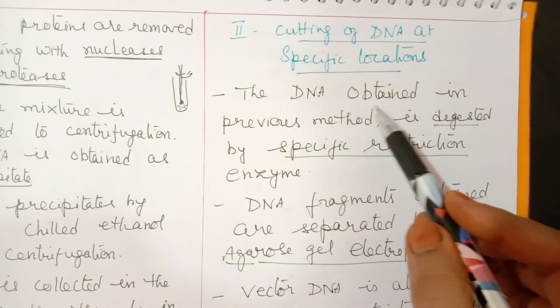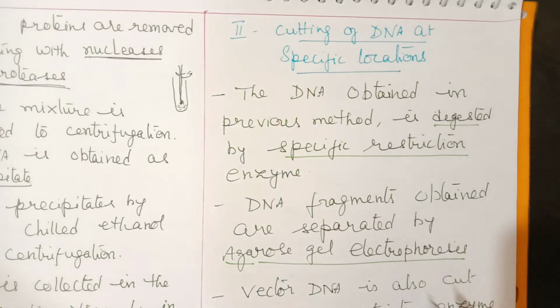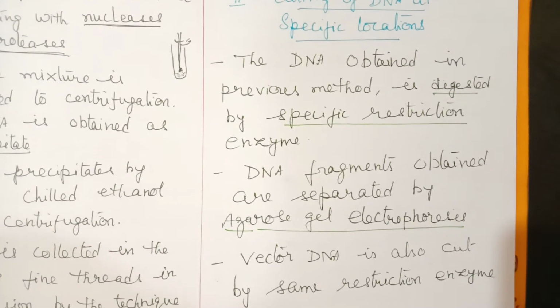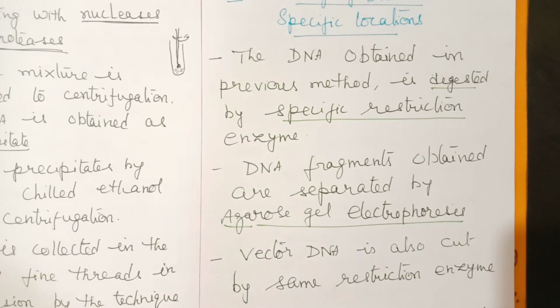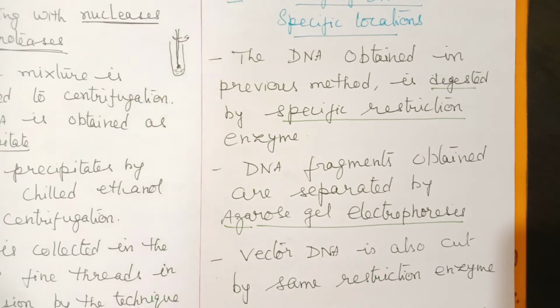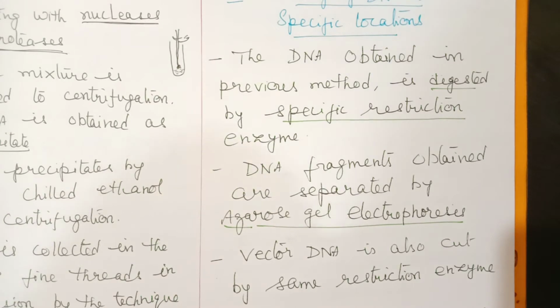Now, the DNA obtained in the previous method is digested by using specific restriction enzymes. And now the DNA fragments are obtained, and DNA fragments are separated by gel electrophoresis. I will now discuss briefly what the technique of gel electrophoresis is and how it is useful for separation of DNA fragments.